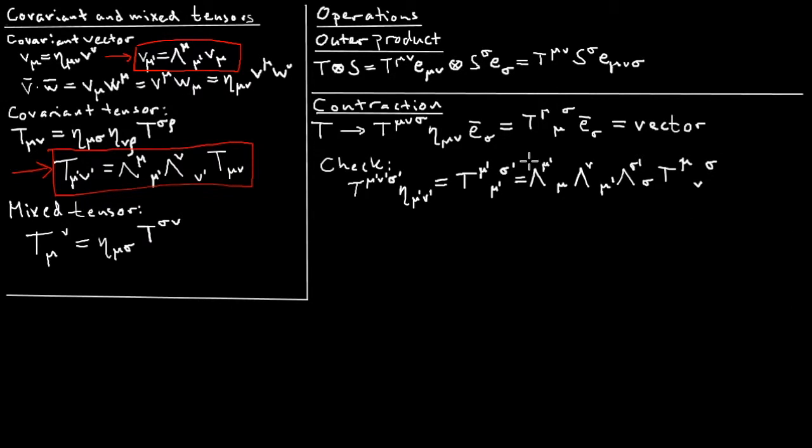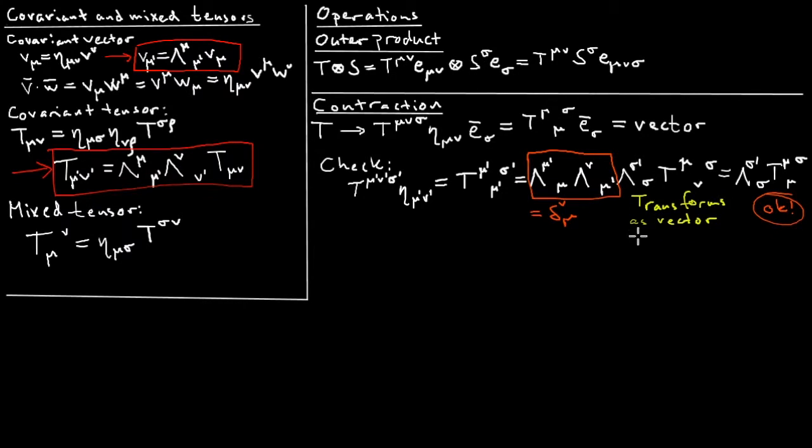Since we have a sum over mu prime, we can here use the fact that the factors which multiply the covariant and contravariant indices are each other's inverse, and taking the sum, we end up with a delta. Summing over nu, this delta allows us to replace the nu in the unprimed component with mu, and the resulting transformation rule for the contracted component is exactly the transformation rule expected from the contravariant components of a vector, with a single transformation coefficient.